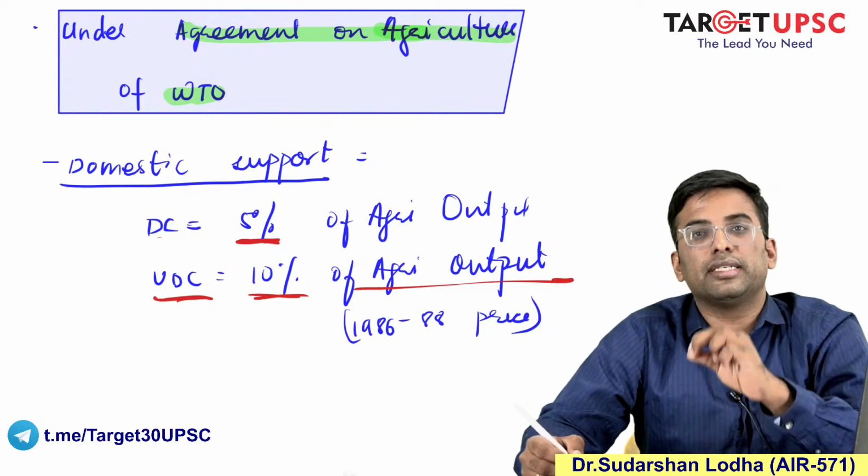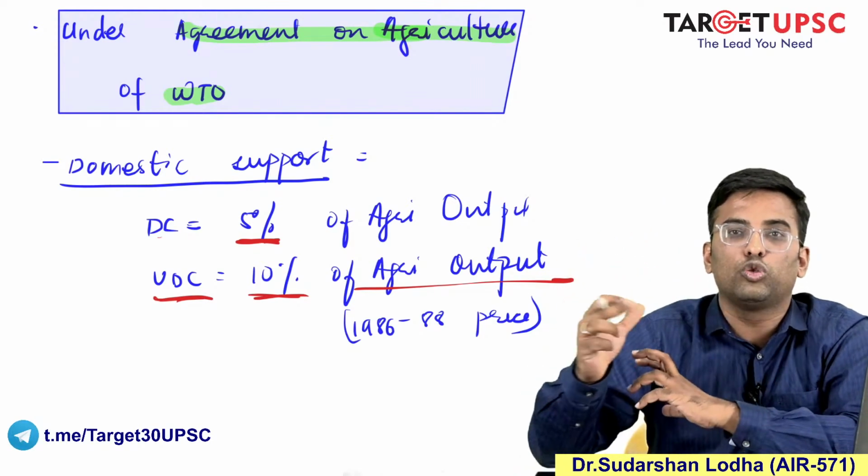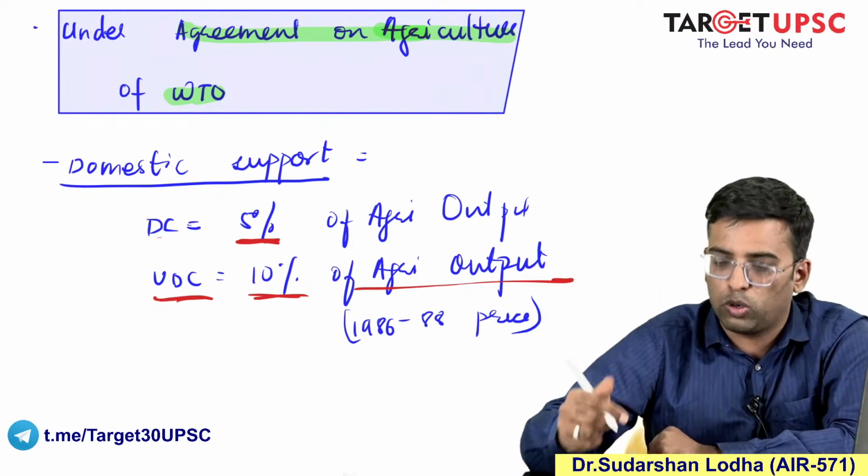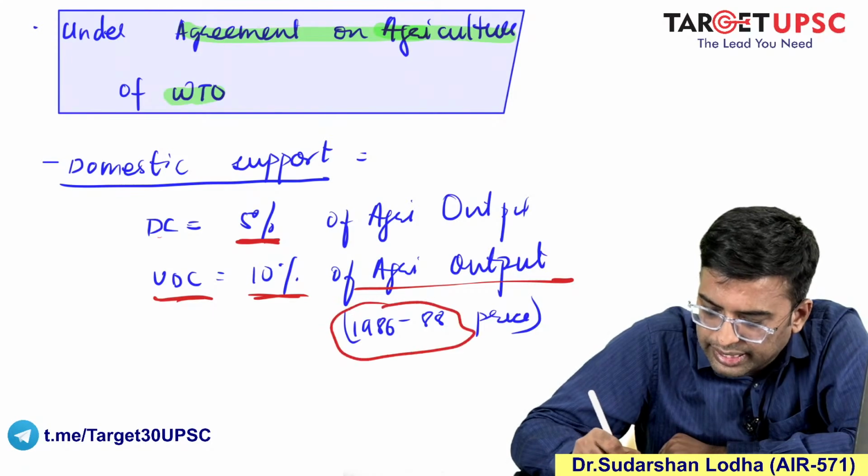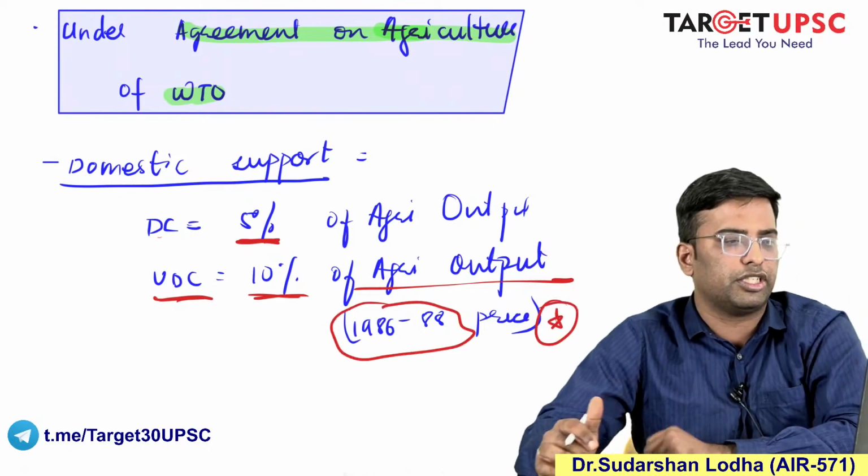And this prices की output और जो कौन से बेसिस पर प्राइस डिसाइड होंगे was 1986-88. तो ये आपको बेसिक इंफॉर्मेशन पता चाहिए.